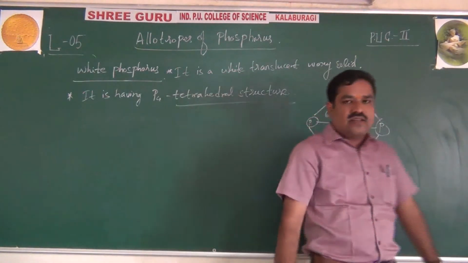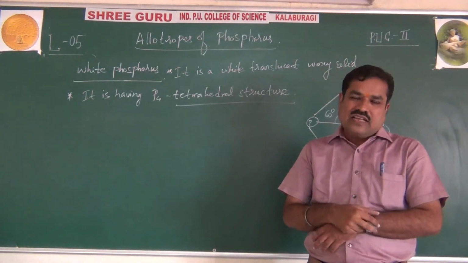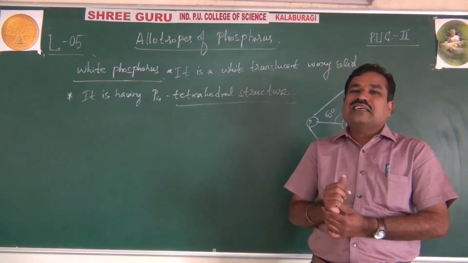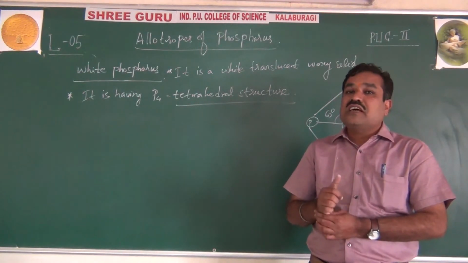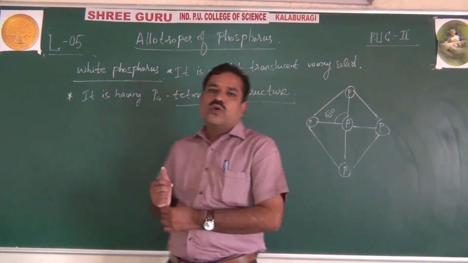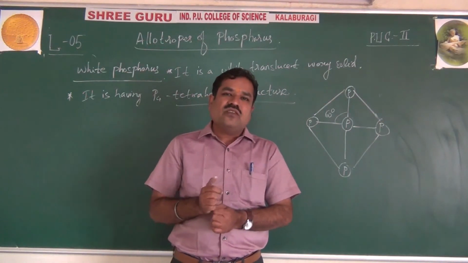Because of the 60 degree bond angle, it has an angle strain of 24 degrees 44 minutes. Because of this angle strain, white phosphorus is highly reactive. Due to what? Due to the total internal strain of 24 degrees 44 minutes.